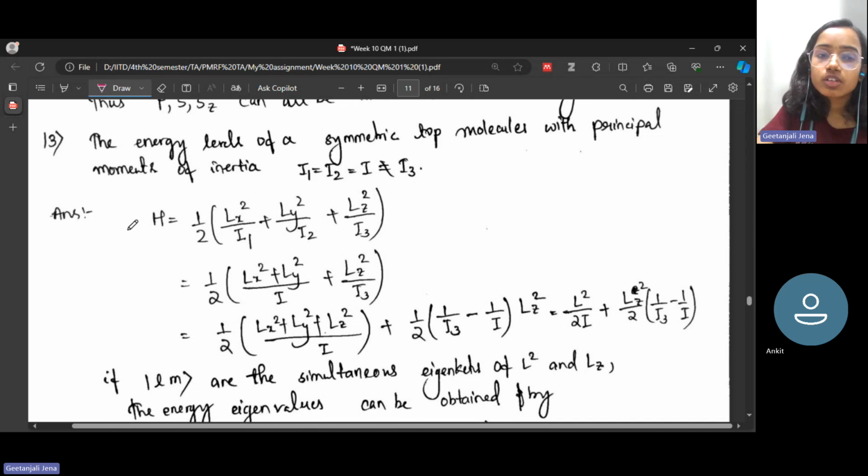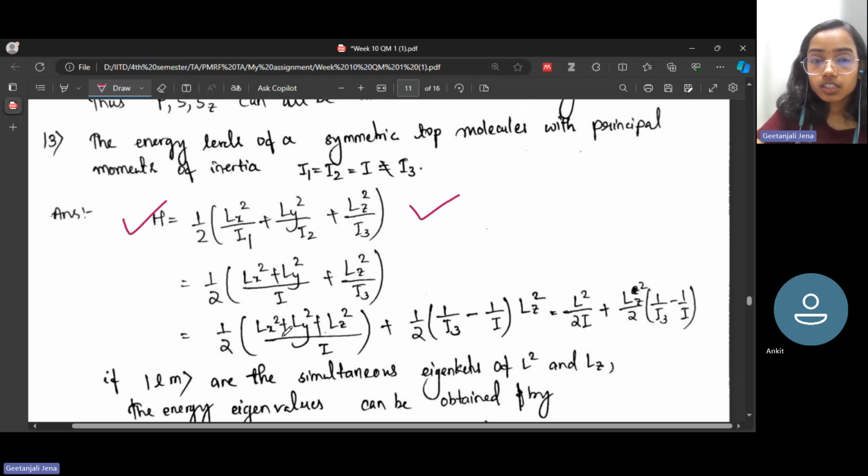For a general Hamiltonian, you can write H equal to half Lx square by I1 plus Ly square by I2 plus Lz square by I3. I1 and I2 are the same, so you can add Lx square plus Ly square. And for the third term, I3 is different from I.